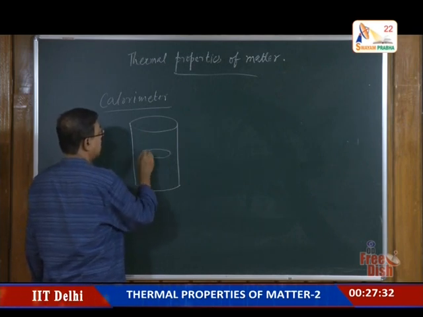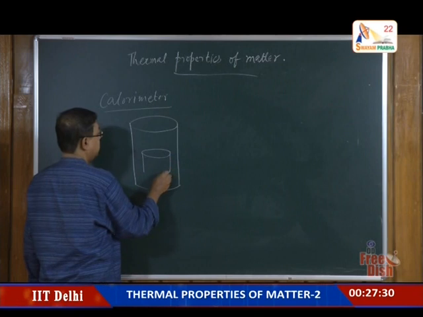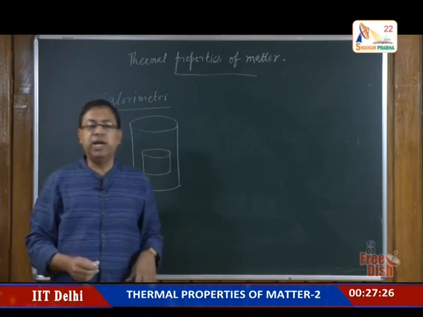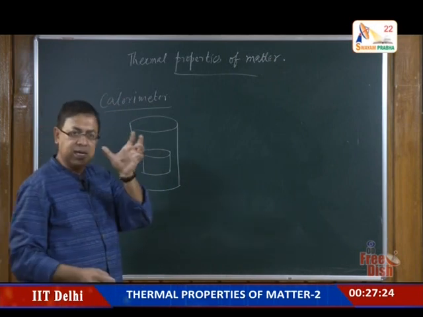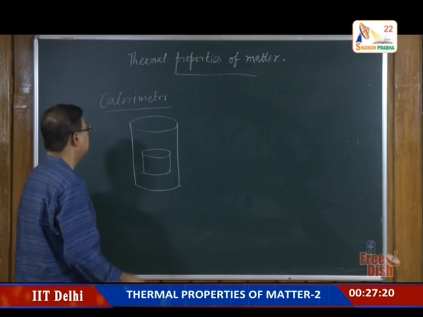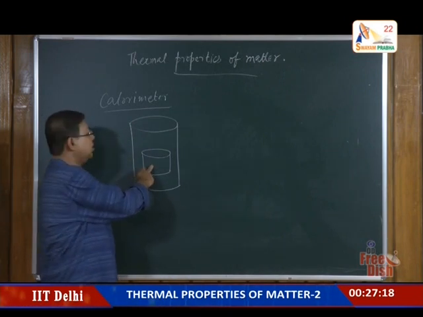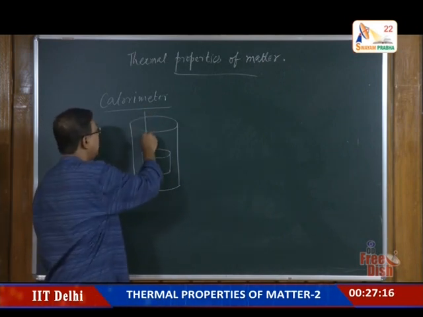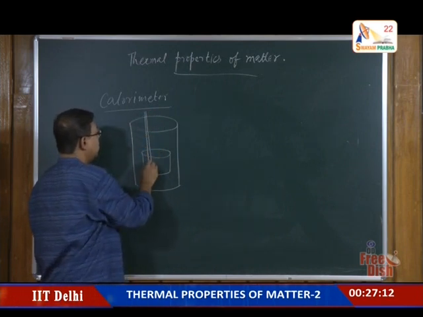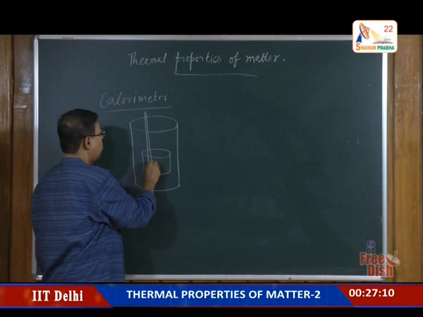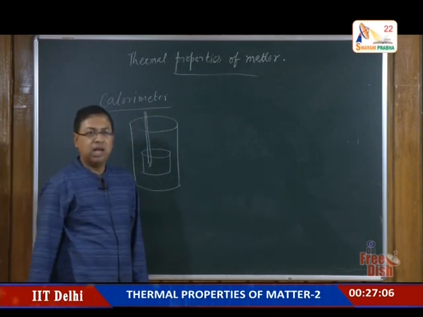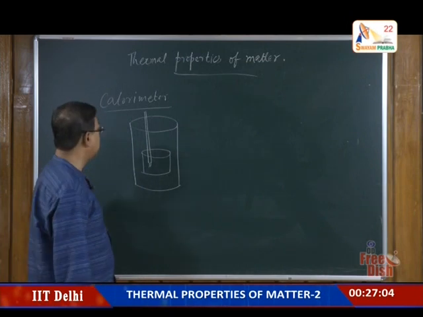So there is an insulating wall outside, and there is an inner space where a particular substance is kept, and one can measure the temperature by using a thermometer, such as a mercury in glass thermometer that we have talked about earlier.